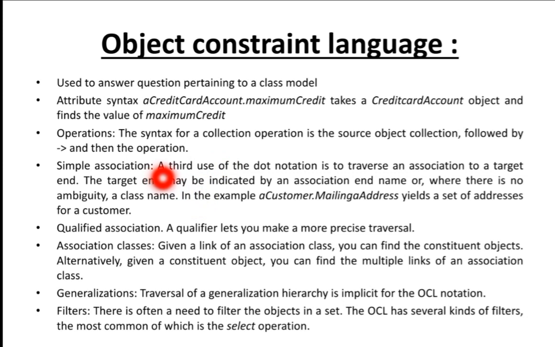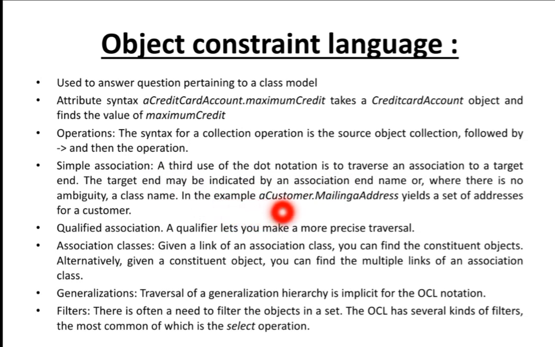Along with that, in OCL we have simple association. Association means the relationship between two classes. To show the relationship between the two classes, you have to use the dot notation to traverse an association to a target end. I will show the example, no worries.